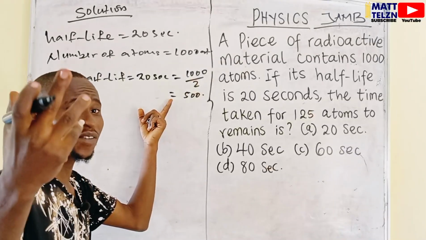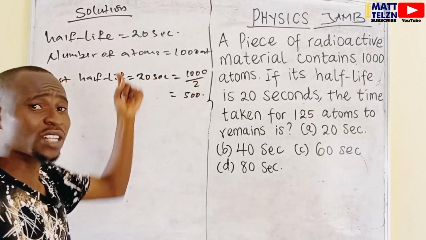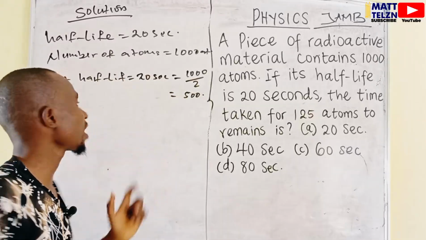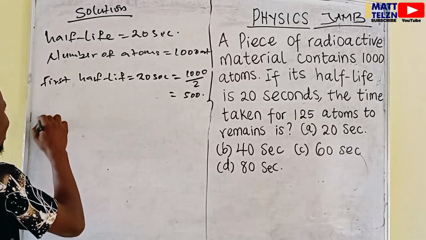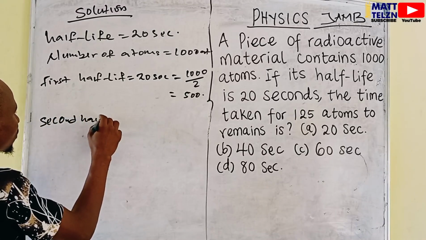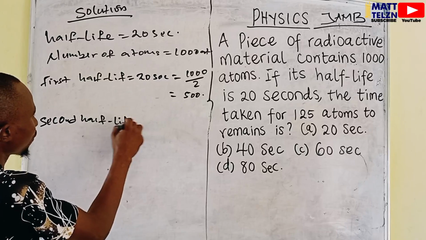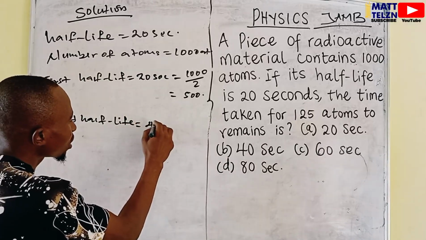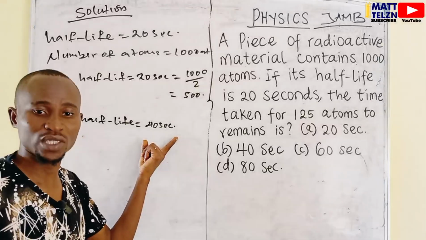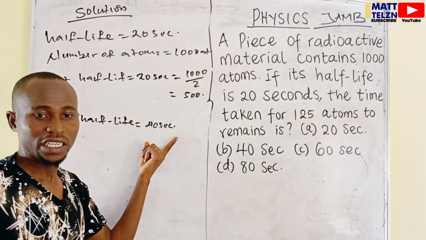Now the next half-life is going to be another 20 seconds, which will give us how many seconds? 40 seconds, right? So the second half-life is going to be 40 seconds, right?